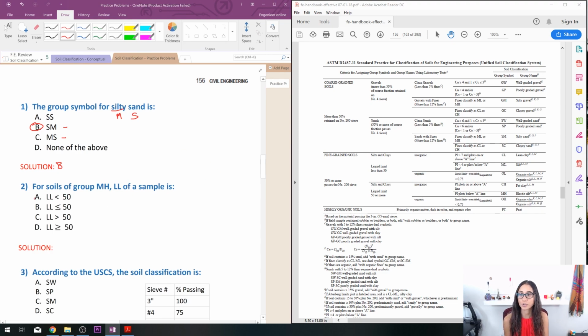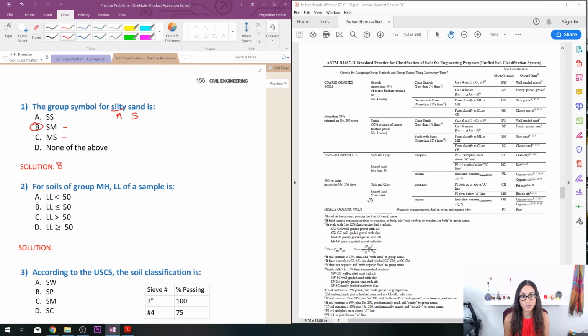Okay, question number 2: for soils of group MH, the liquid limit of a sample is less than 50, less than or equal to 50, greater than 50, or greater than or equal to 50. Again, you do the same thing. We go to the table and look for MH, which is elastic silt, and here you have your liquid limit.